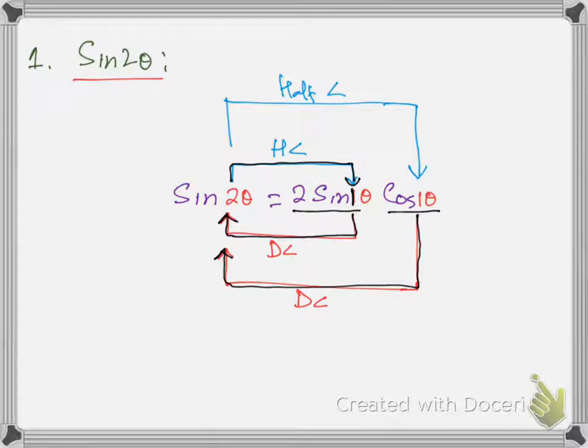So if you go to the right side, the angle will be half. If you go in the reverse way, the angle will be double. That is why this formula is known as the double angle formula, because we go in the reverse direction from left to right.